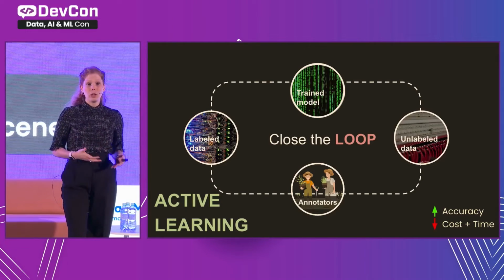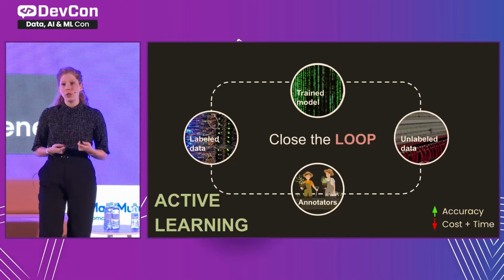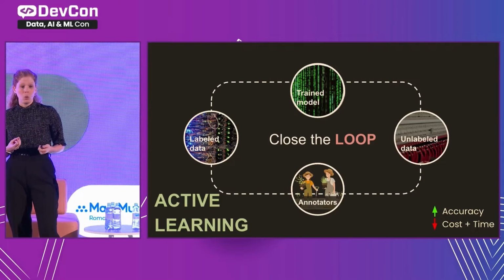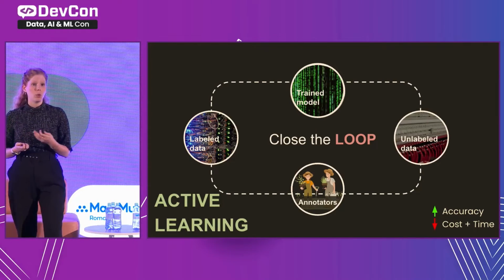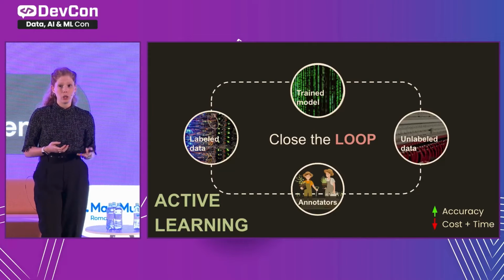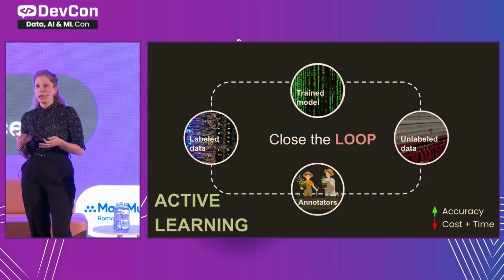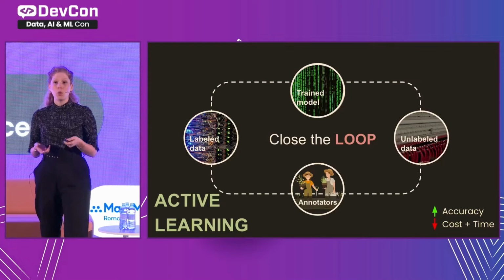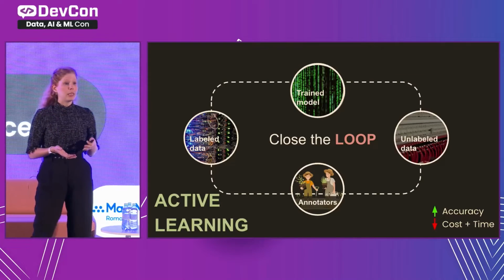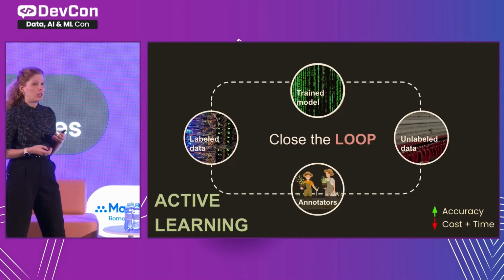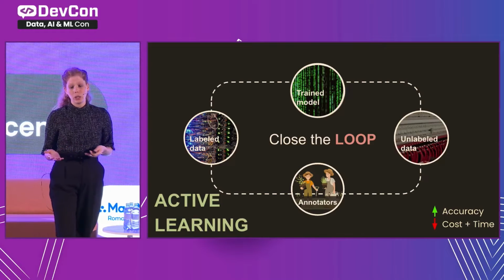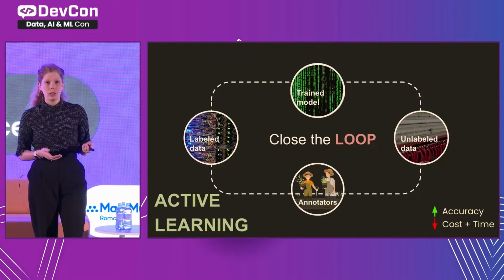Using those algorithms, we can close the loop of the linear process that we saw before. We now have a connection between the models we currently have in production and the new subset that we are going to choose from our unlabeled dataset. This will help us maximize the improvement in the accuracy of our model while minimizing the cost and the time of the annotations.